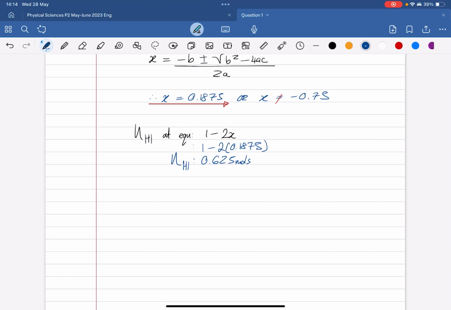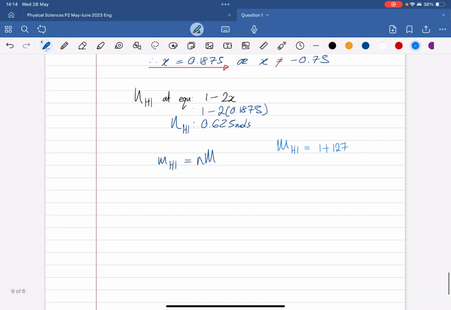So now that I have the number of moles, I can now use this formula to calculate the mass, because that's what I'm really looking for, the mass of the hydrogen iodide that is left at equilibrium. Mass is equal to number of moles multiplied by the molar mass. For the molar mass of hydrogen iodide, we can use the periodic table. The molar mass of hydrogen is 1, plus the molar mass of iodine is 127. So therefore, the molar mass of hydrogen iodide is 128 grams per mole.